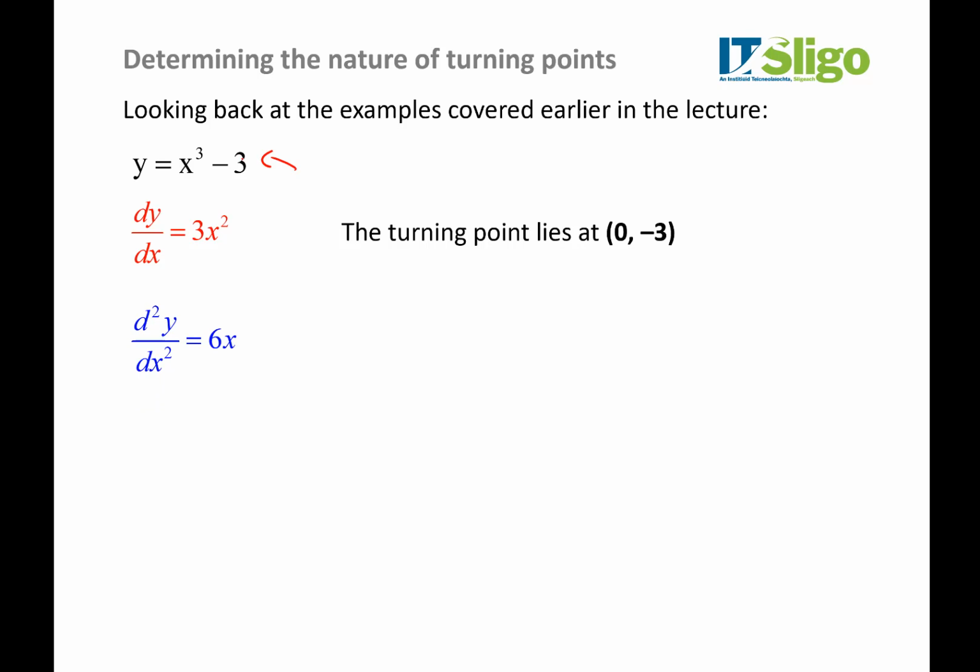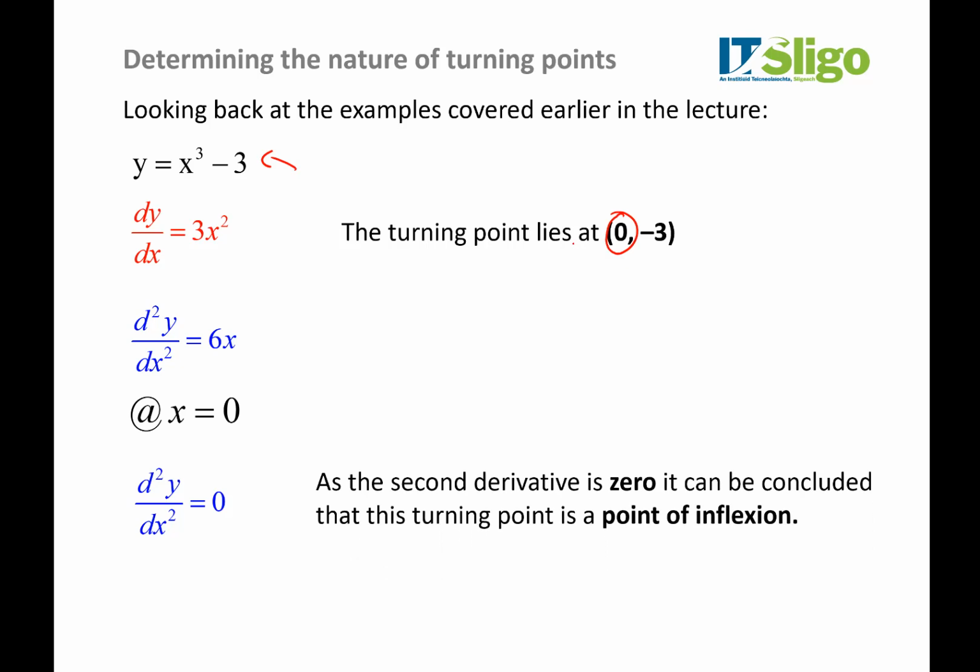Now we can't say this is positive or negative at the moment, guys, because it depends on what x is. But we're interested in this turning point when x is 0. My second derivative is 0. So remember, it's neither positive nor negative. When the second derivative is 0, our turning point is a point of inflection.